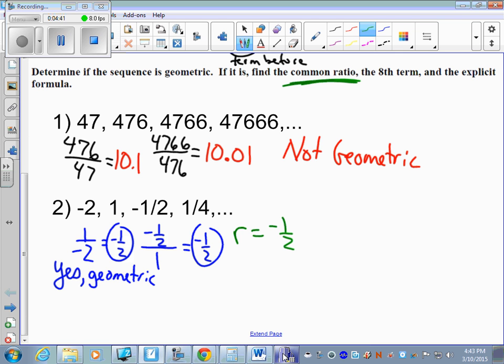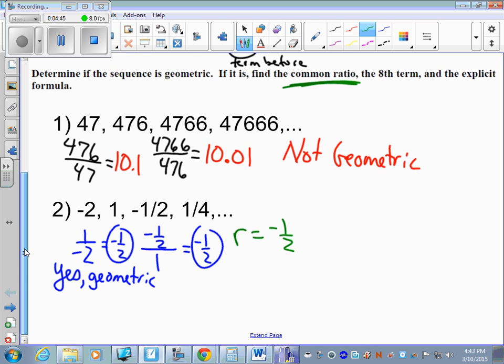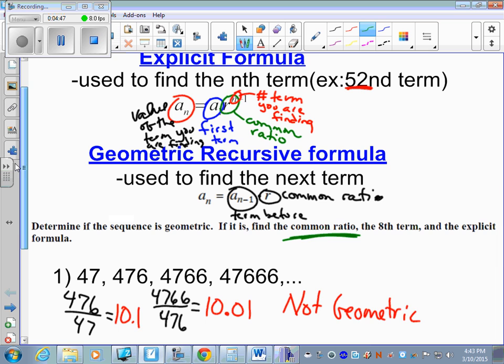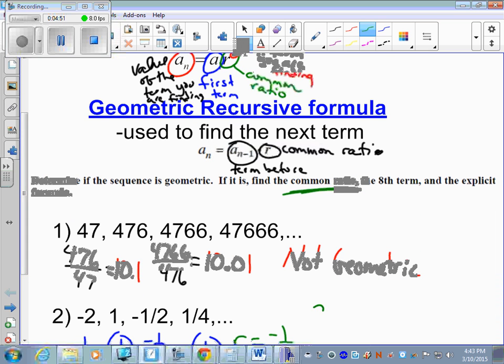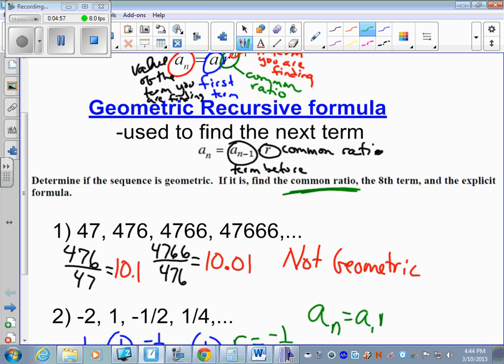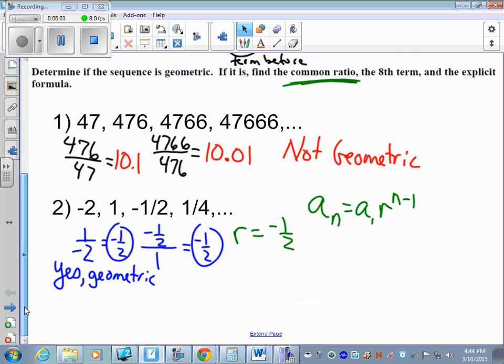Now we have to find the eighth term, and we use the explicit formula. Let's go back up to the explicit formula. We have a sub n equals the first term, a sub 1, times r raised to the n minus 1. We're going to use that formula to find the eighth term.